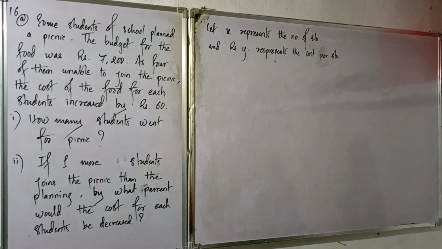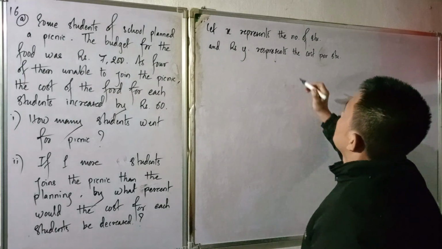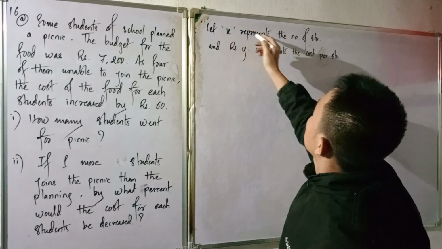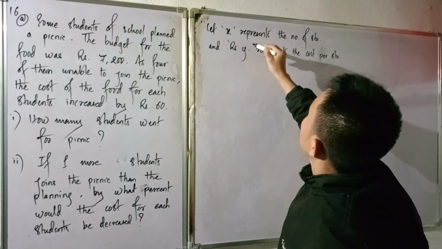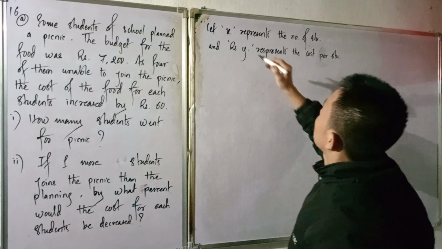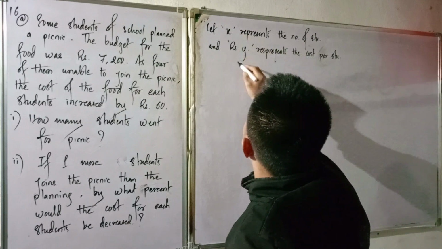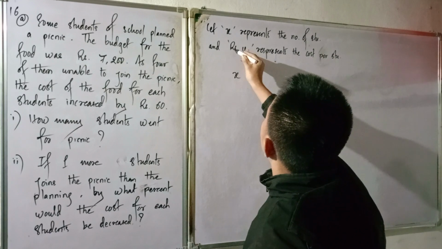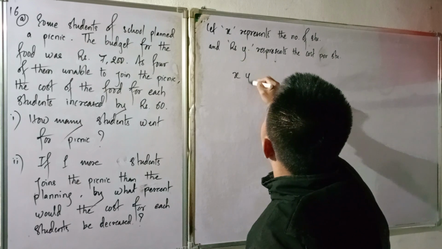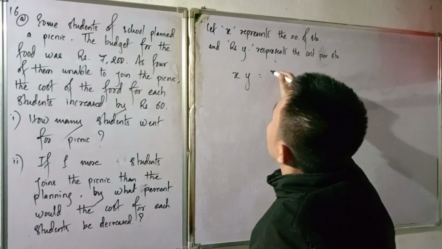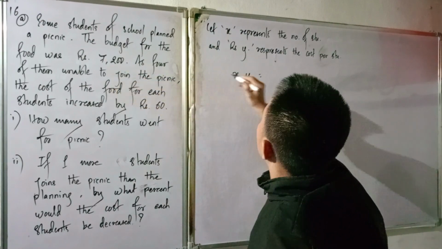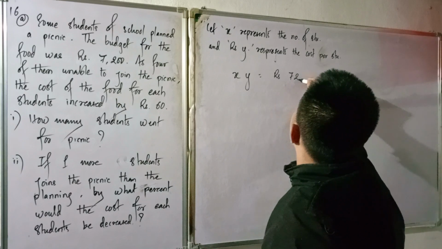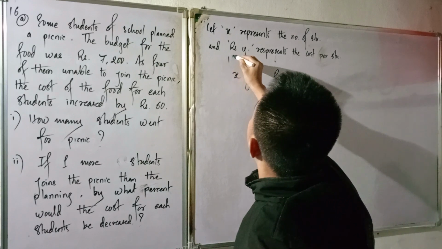So which means, X number of students and the cost per student is rupees Y. Then X multiplied by Y will cost rupees, the planning was, the food of the planning was rupees 7200. So this is the first condition.